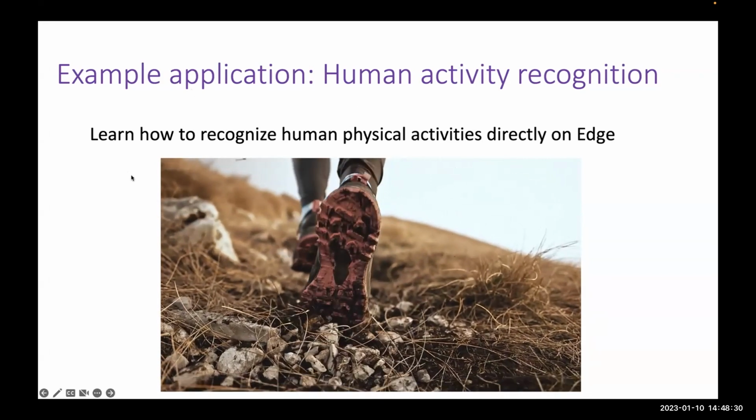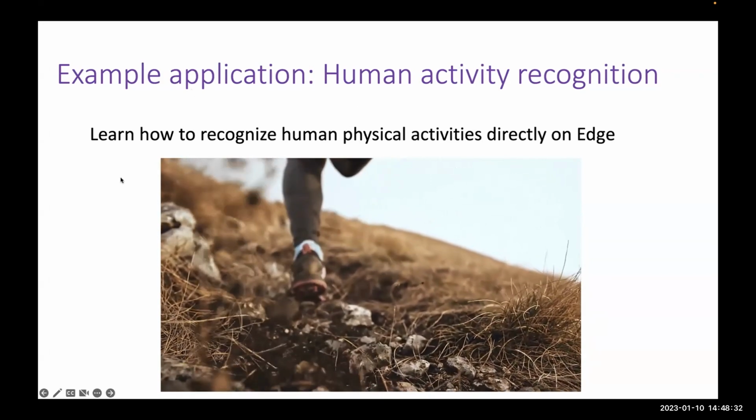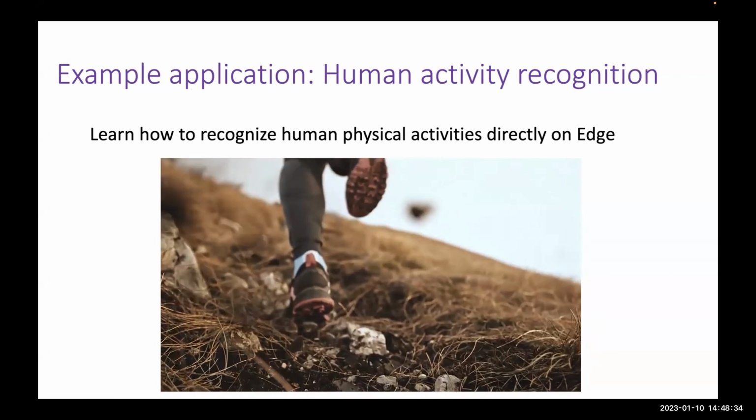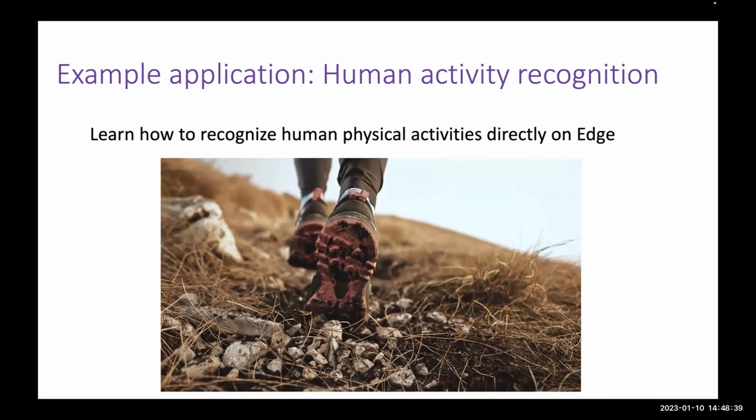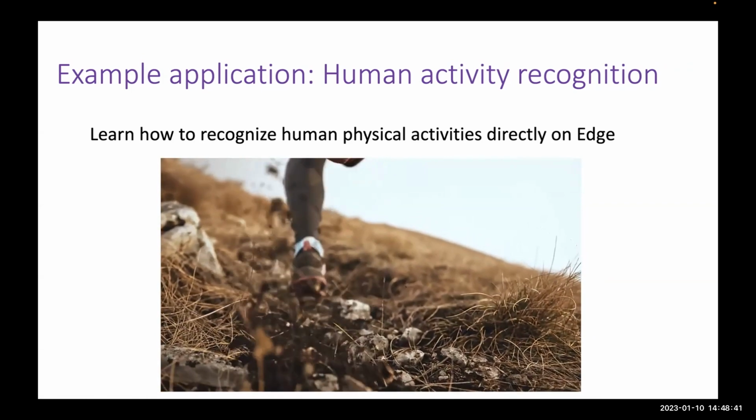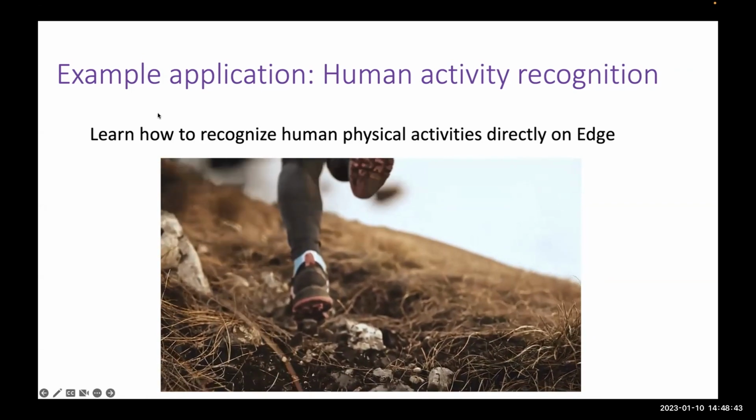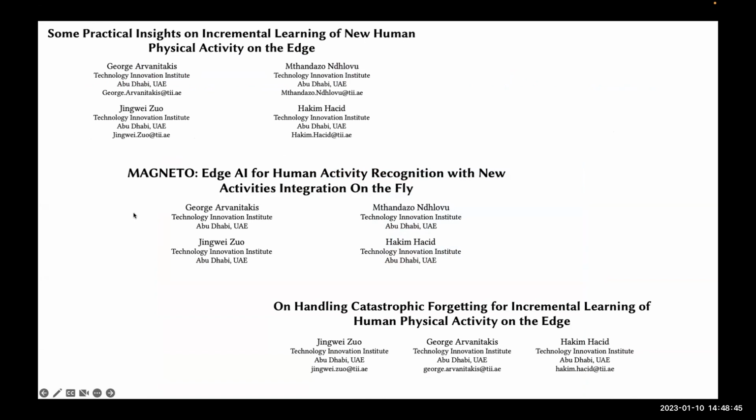So what I will be showing here is a set of tasks that we have done to explore this field. That is the human physical activity monitoring and prediction directly on the edge. This relies basically on three papers. The last one I will just say a word on.